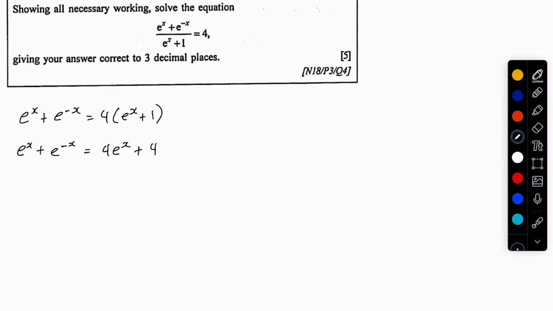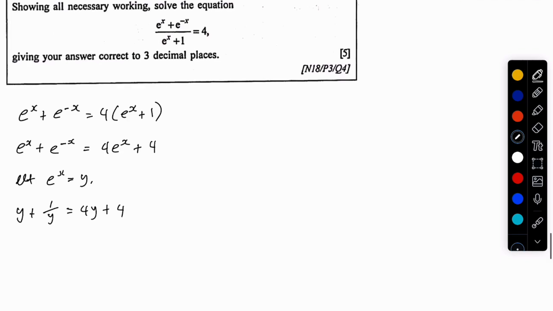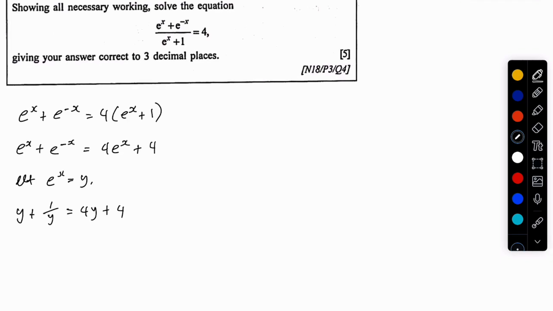And so, what can we say here? Well, we can simplify this down. We can say let e to the x equal y. Now if e to the x is equal to y, that tells us the following. That we can get y plus 1 over y is equal to 4y plus 4. And we can then simplify this further.